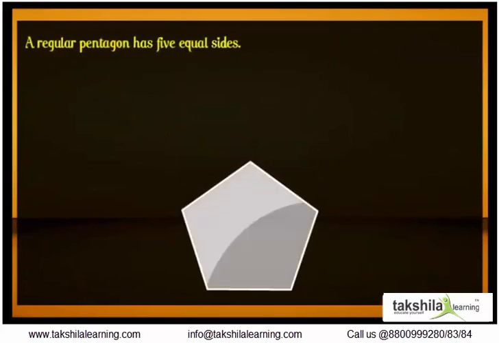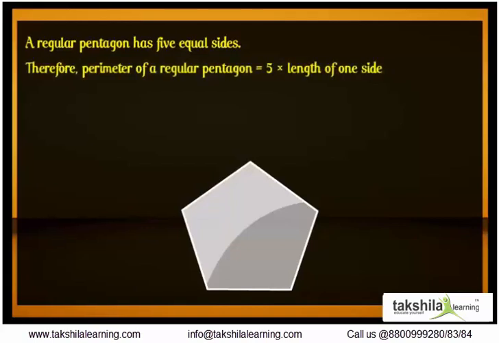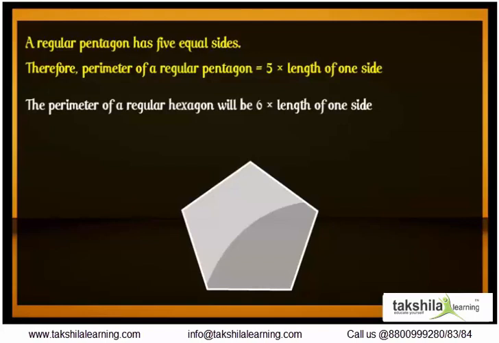A regular pentagon has 5 equal sides. Therefore, perimeter of a regular pentagon is equal to 5 into length of one side, and the perimeter of a regular hexagon will be 6 into length of one side, and of an octagon will be 8 into length of one side.